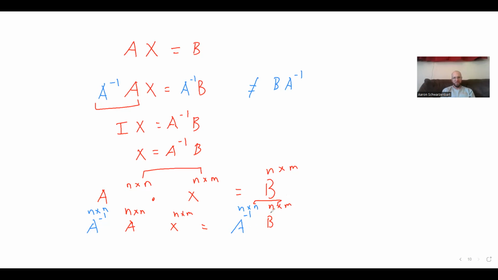And we end up with these two dimensions, n by n, which is what we had when we had X equals A inverse B. Okay. If I tried B times A inverse, I'd have n by m times n by n, and if m is not equal to n, this would not work.